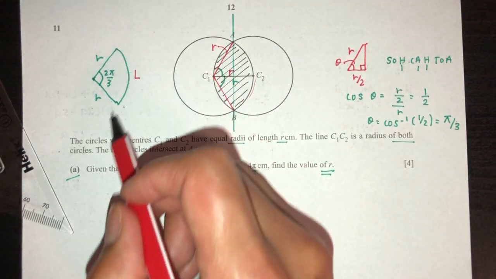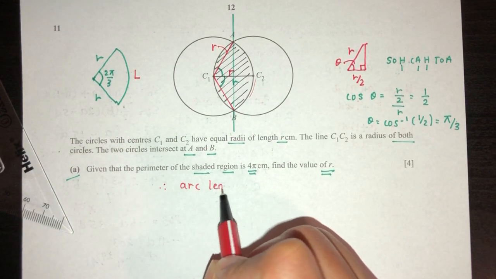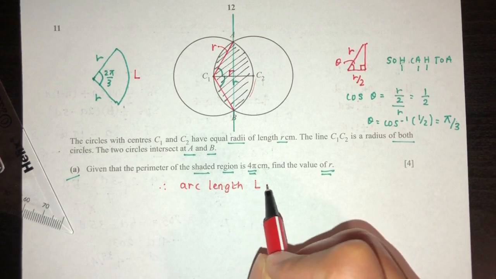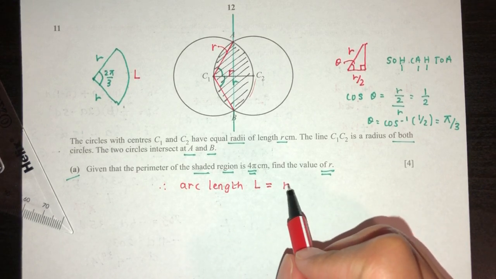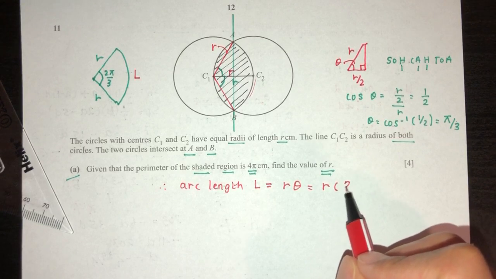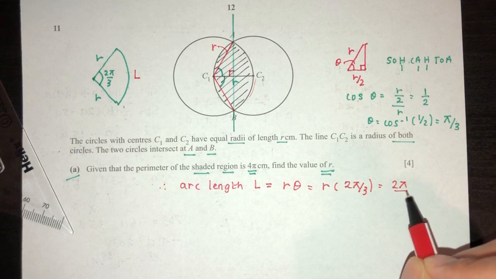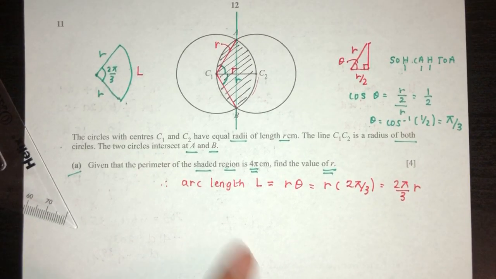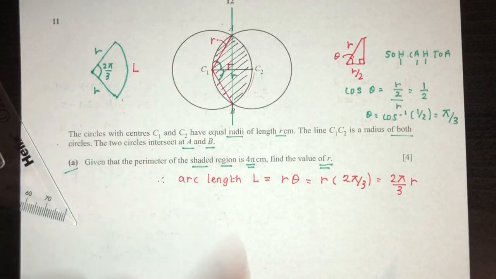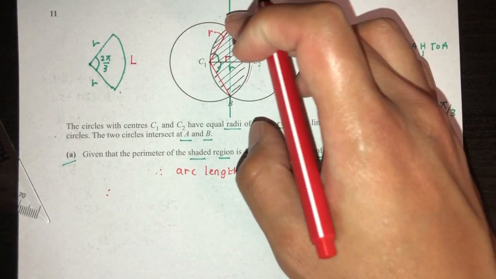So how do you find this length? It is the length of arc. The length of arc L is found by using the formula r theta. r is r, theta is the angle, which is 2 pi by 3. That will be 2 pi over 3 r. Now to find the perimeter, we multiply this by 2 because this and this are the same.